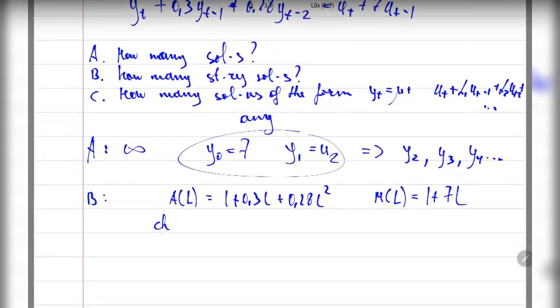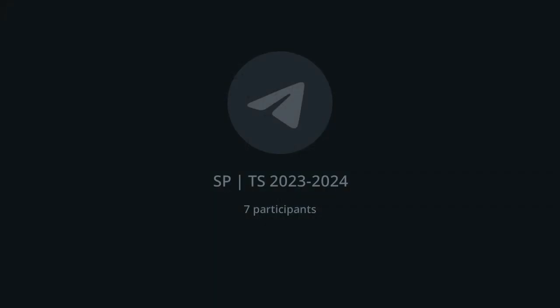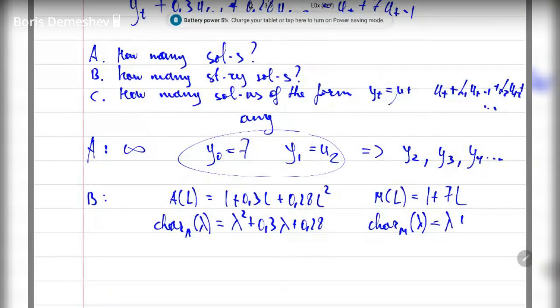So we have a characteristic polynomial of A of L. And what is the characteristic polynomial of this polynomial? Lambda squared plus 0.3 lambda plus 0.28. What is the characteristic polynomial of M? Lambda plus 7.